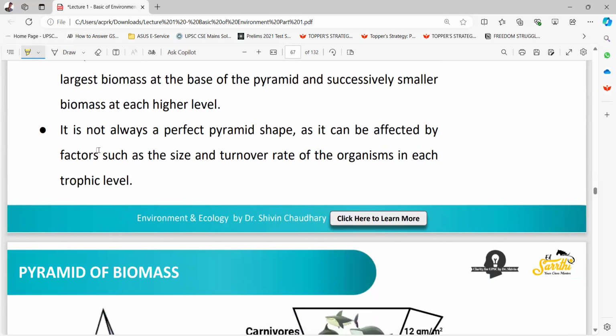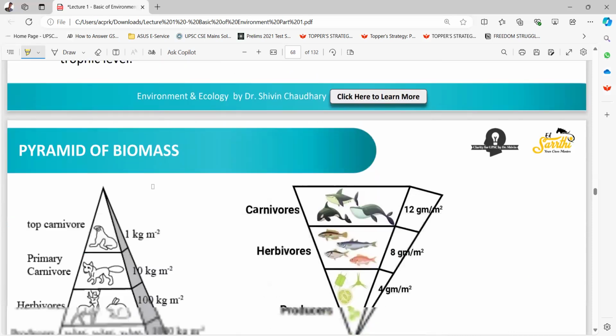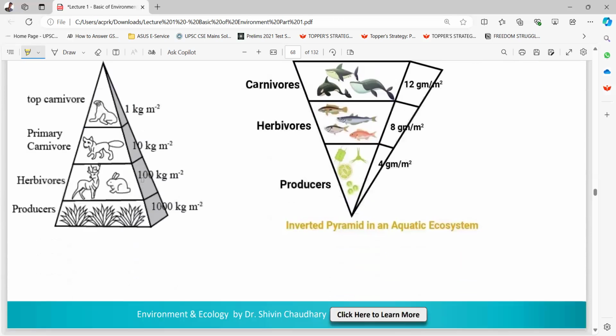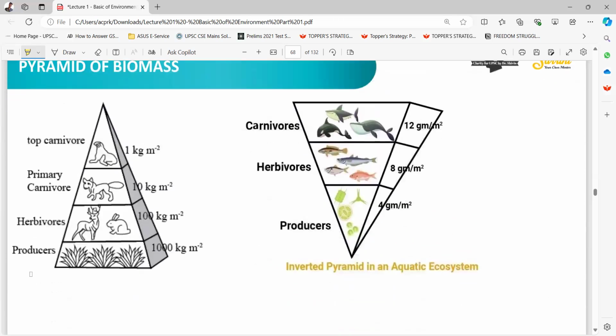It is not always a perfect pyramid shape, as it can be affected by factors such as the size and turnover rate of the organisms in each trophic level. Producers 1000 kg, herbivores 100 kg, primary carnivore 10 kg, then top carnivore 1 kg.